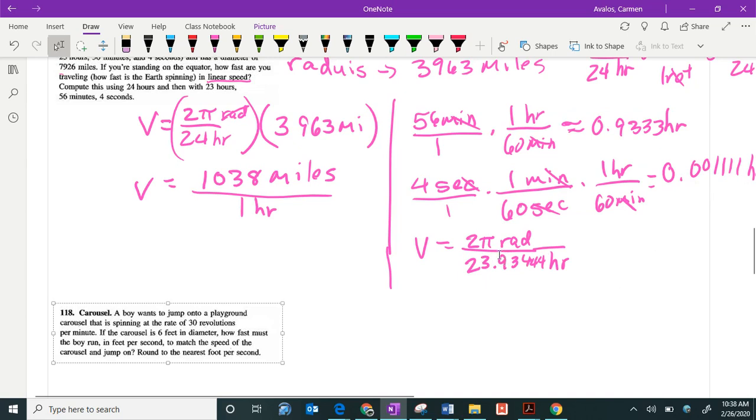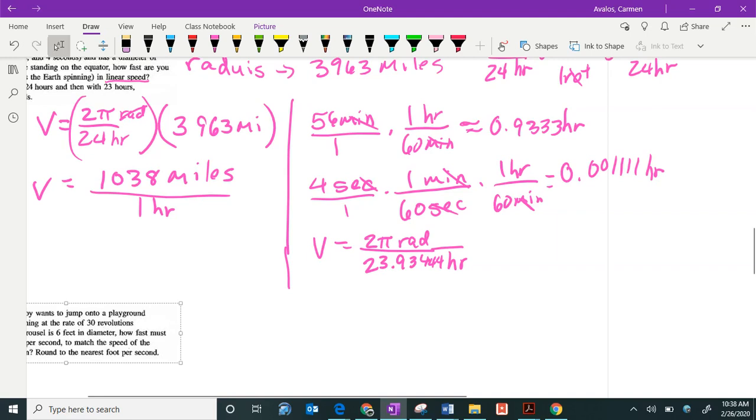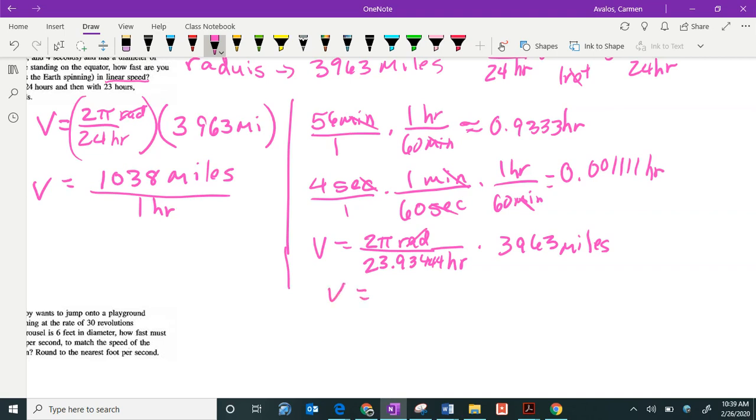It's almost 24 hours, but it does one revolution in 23 hours, not really 24 hours, and that's why we have a leap year, because we're not having the full 24 hours. When we multiply this, the radius is still the same, 3,963 miles. The radians go away, and your linear velocity is approximately 1040 miles per hour.